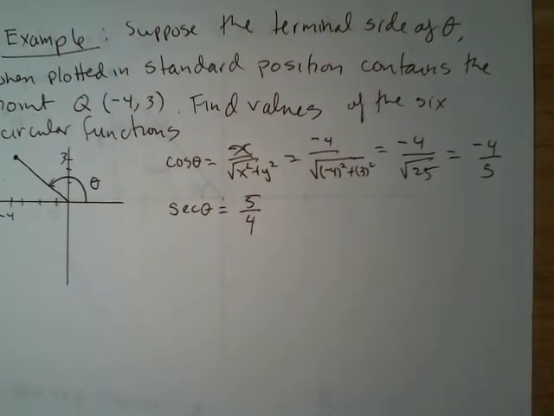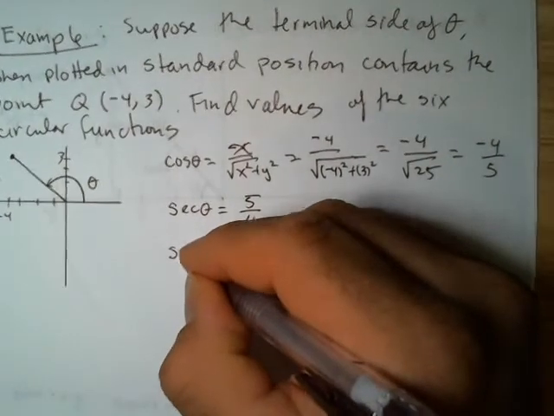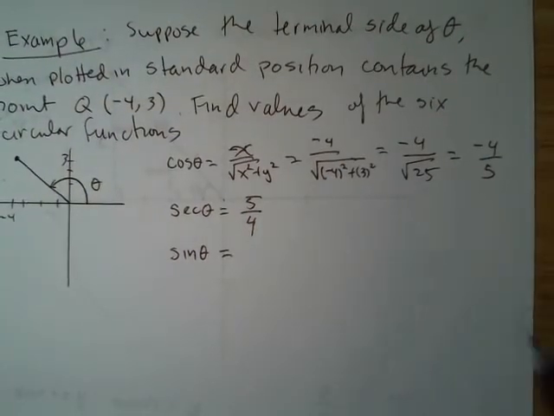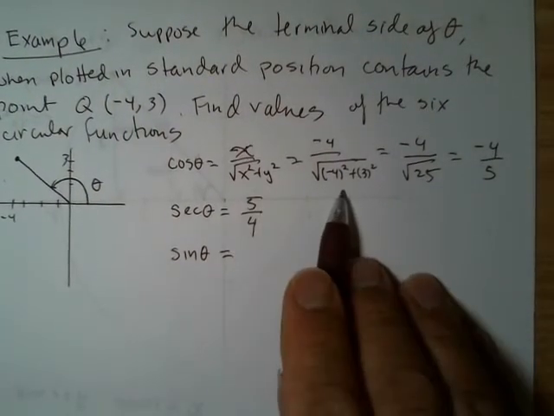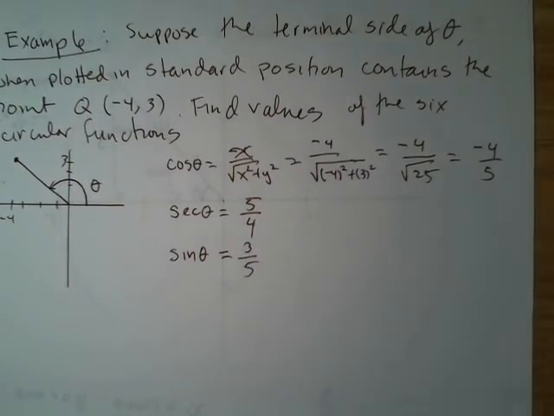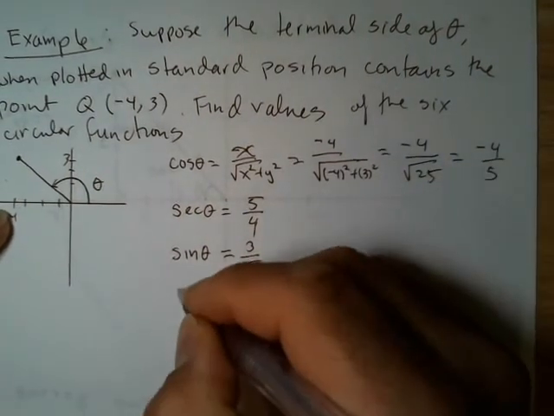All right, and for the sine of theta, we did most of the work here, right? The denominator is going to stay the same. The only difference here is the 3 in the numerator. Okay, and now right away we get the cosecant.